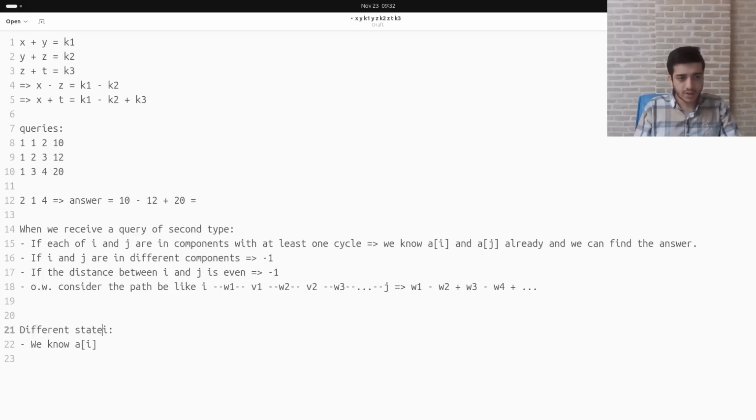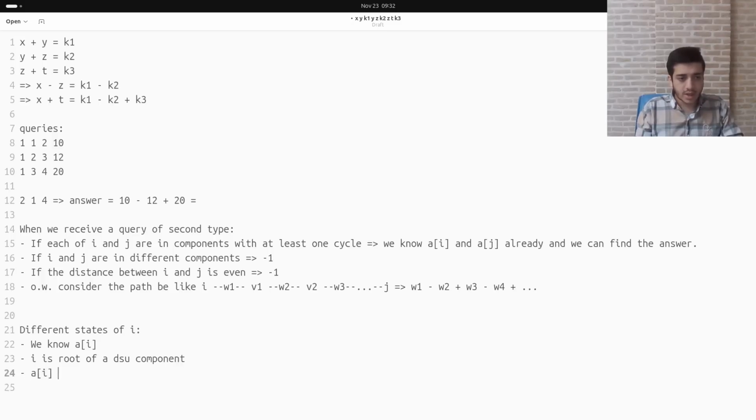The first is we already know A_i, which is easy. Otherwise, i is the root of a DSU component.